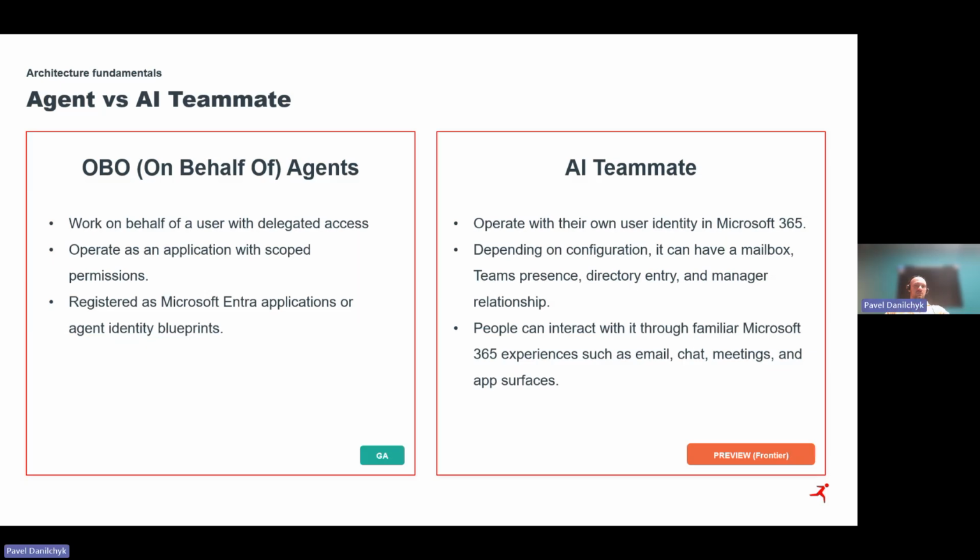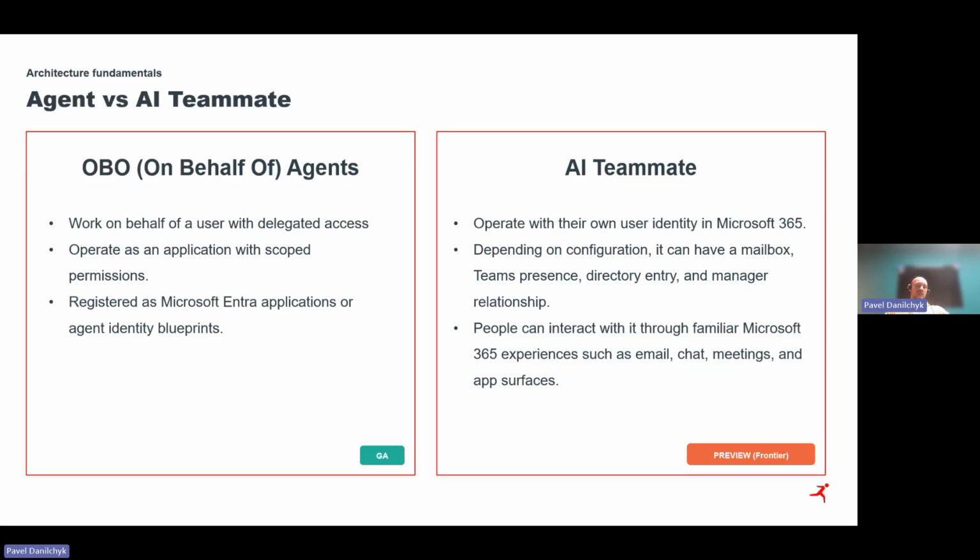Also, let's discuss two concepts. As I previously mentioned, we have some classic agents and we have AI teammates. What's the difference? Our previous versions of agents work on behalf of users with delegated permissions, or these agents can work with application permissions on behalf of an application.